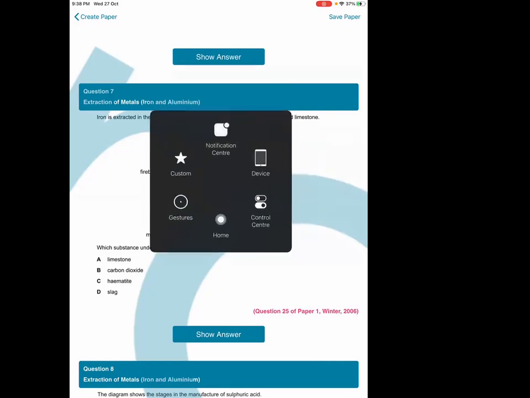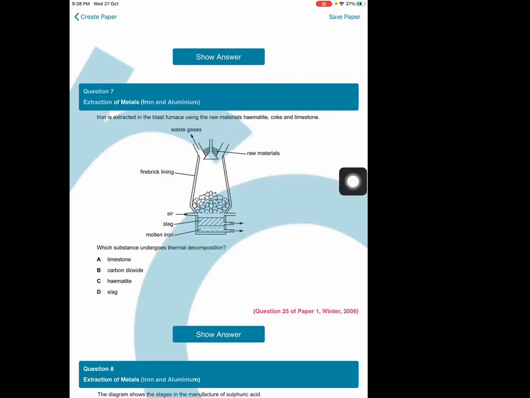Sir, we are heating calcium carbonate, limestone, CaCO3, and it is forming calcium oxide and carbon dioxide. So it will be for limestone. Yes, it is A.